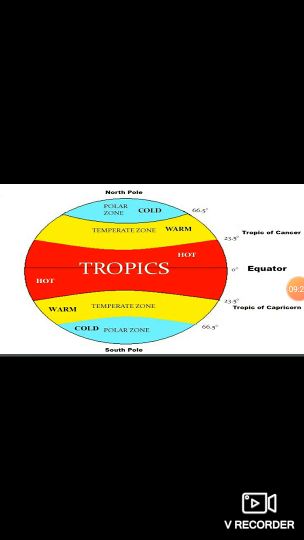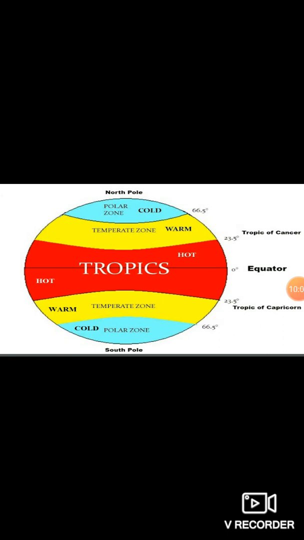Because the midday sun never shines overhead on any latitude beyond the Tropic of Cancer and the Tropic of Capricorn. Therefore, these are called temperate zones. Clear? In the northern hemisphere, it is called the north temperate zone, and in the southern hemisphere, it is called the south temperate zone.